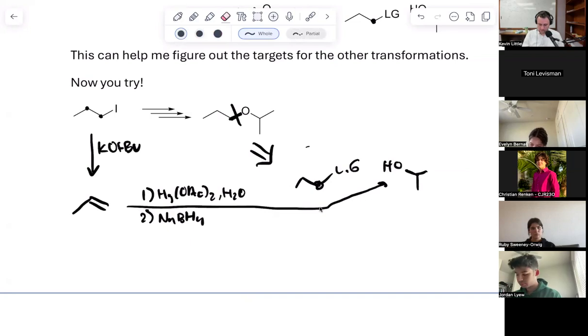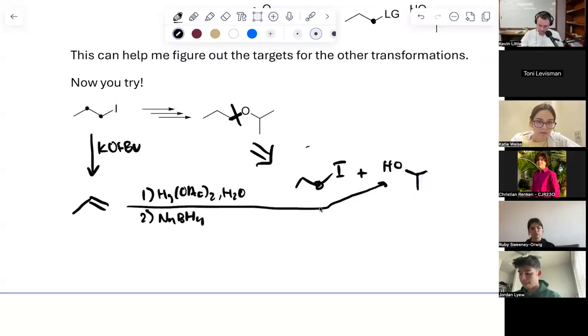So now I have both my pieces, right? This plus this with sodium hydride gets me my product. My nucleophile plus my electrophile with a base will get me to my product.